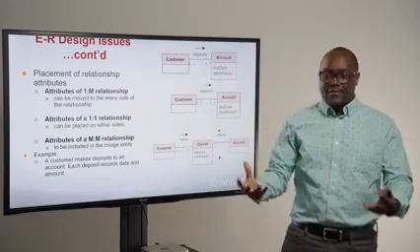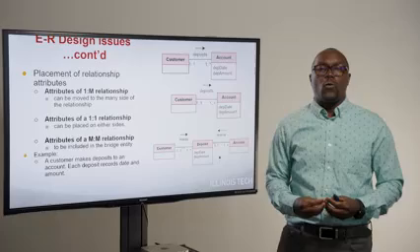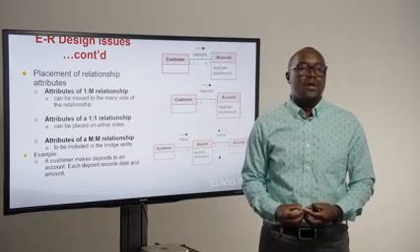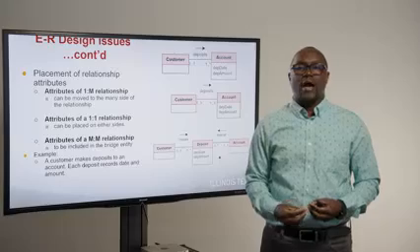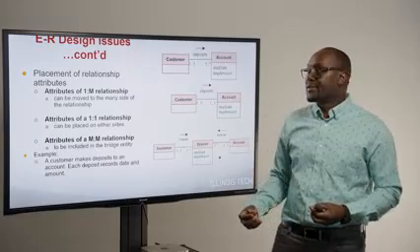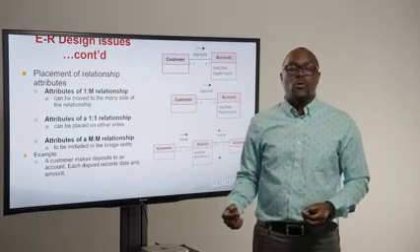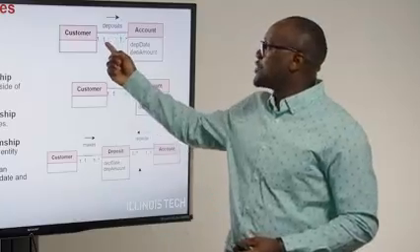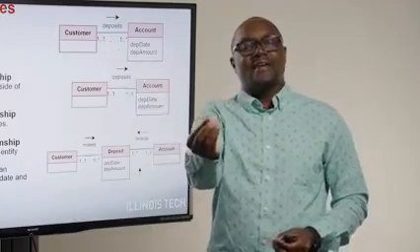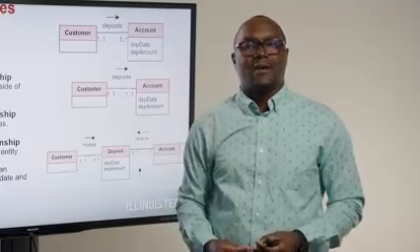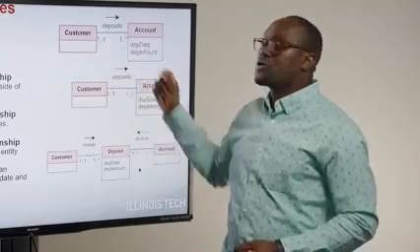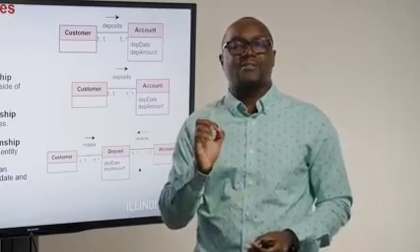If you are ever stuck and you don't know where to place these attributes that are in the relationship, you basically need to look at the many side. In our previous lessons, we indicated that the second number in the notation is the one that tells us the type of the relationship. For example, this is a one to many because of the second number.